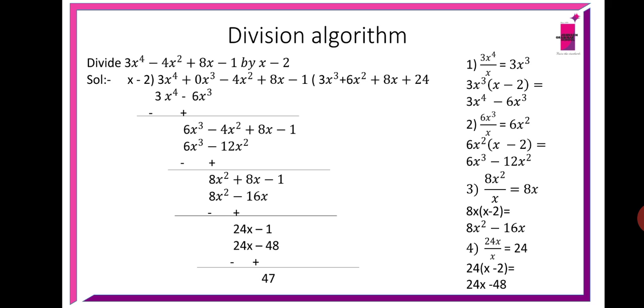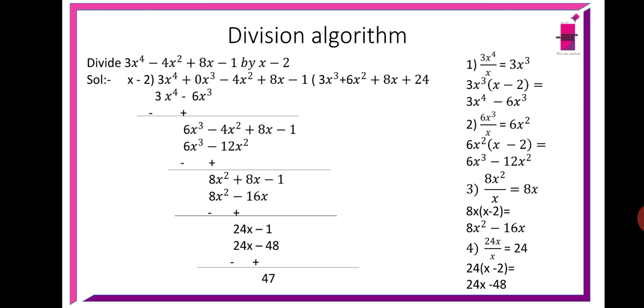Similarly, you take the first term 6x cube and divide by x, you will get 6x square. Again you multiply x minus 2 into 6x square, and so on. Finally you get a remainder of 47.